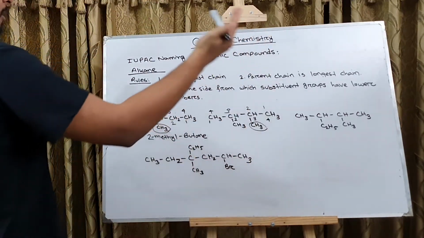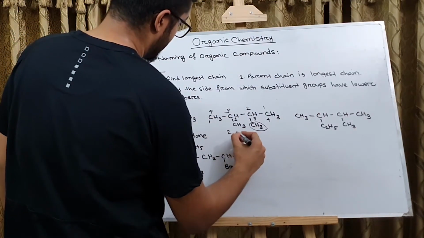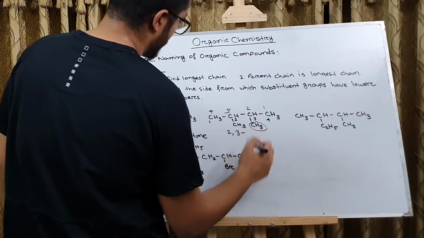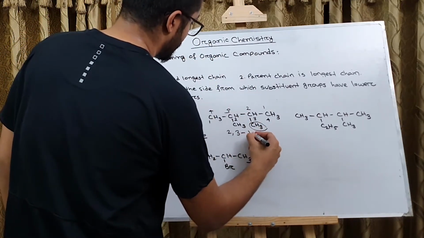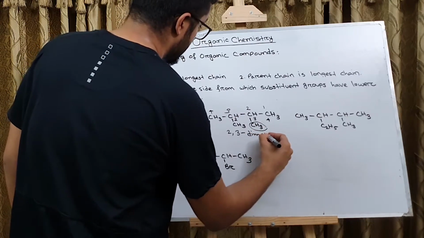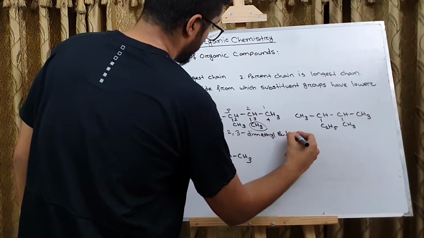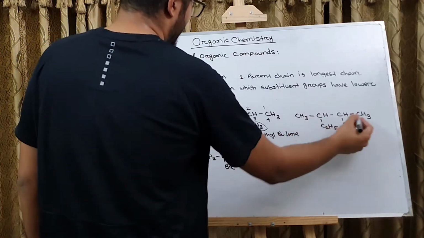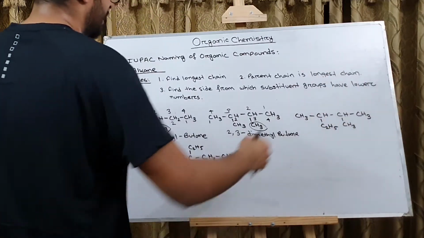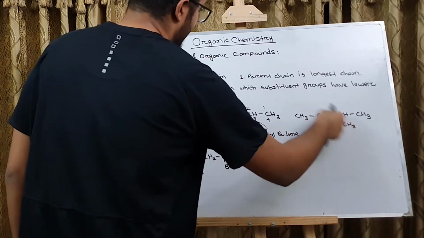So we can name it from any side as we like. So this one would be termed as 2, 3. How many methyls do we have? 2 methyls. So we will have to write it as 2,3-dimethyl butane. Clear? Now, in this case, we have a methyl group and an ethyl group.